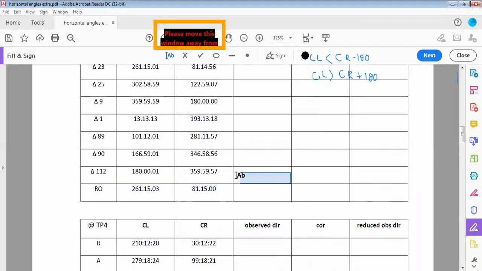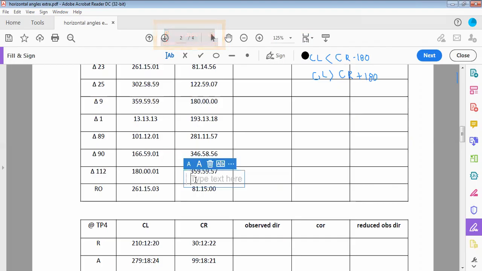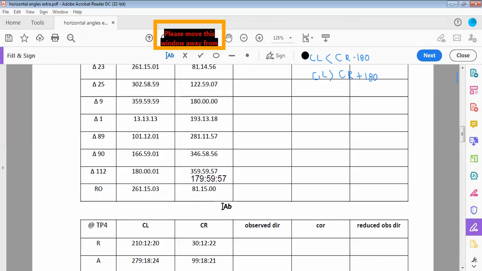Okay. So basically we see that CL is less than CR. So then you're going to say 359 degrees, 59 minutes, and 57 seconds. We minus 180 degrees. The answer that you're supposed to get is 179, 59, and 57. Right? Okay. So now we have to calculate.